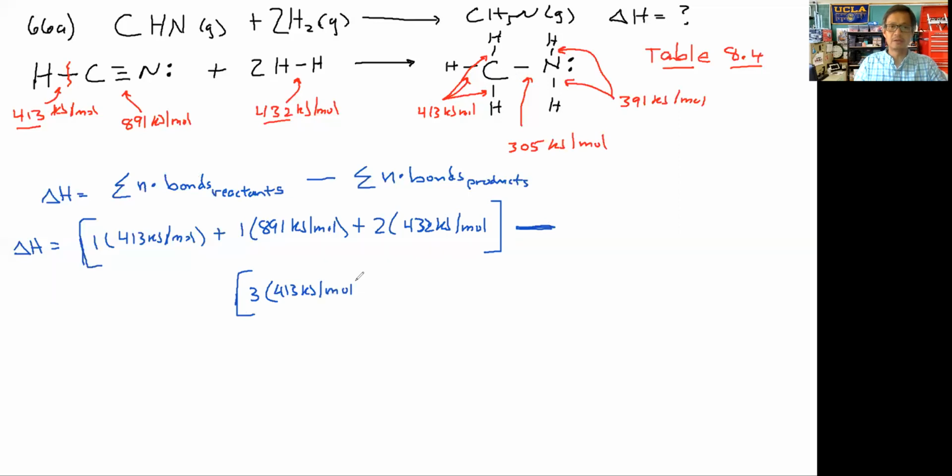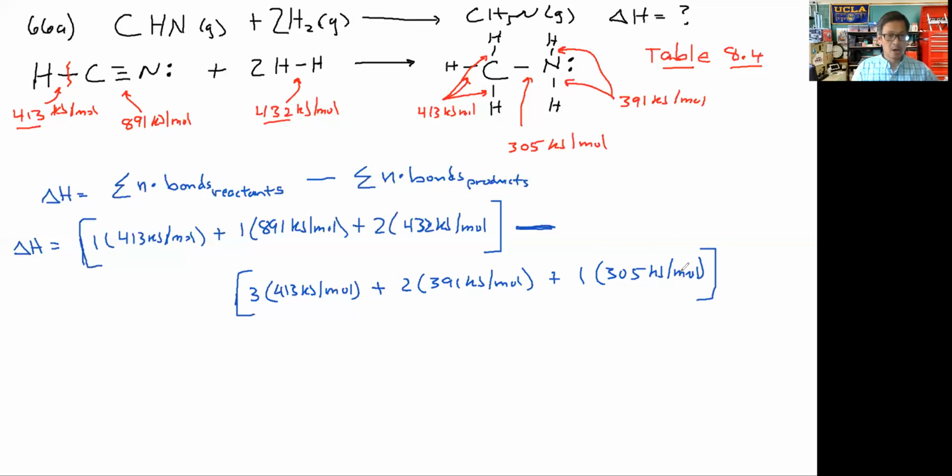Again, do not include a negative sign in here. Plus, we have 2 nitrogen-hydrogen single bonds forming, which is 391 kilojoules per mole. And then finally to that, we add the 1 carbon-nitrogen single bond that forms, which is 305 kilojoules per mole. And that takes care of everything on the product side.